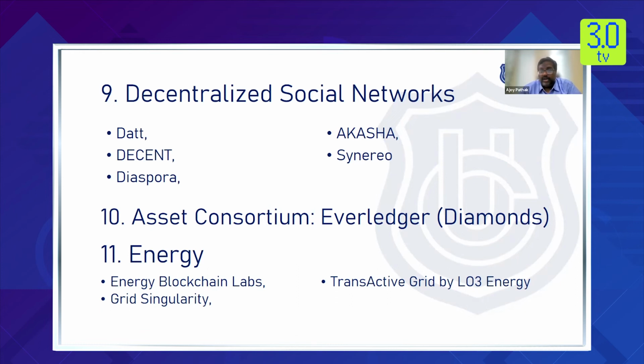Energy, a lot of things is happening in energy, rewarding energy efficiency, renewable energies in energy distribution, micro usage, micro payments, and efficient usage and regeneration of renewable energy benefits. So these are some of the things: Energy Blockchain Labs, Grid Singularity, and Transactive Grid by LO3. These are some of the blockchain projects which are really transforming the energy distribution and generation markets the world over.